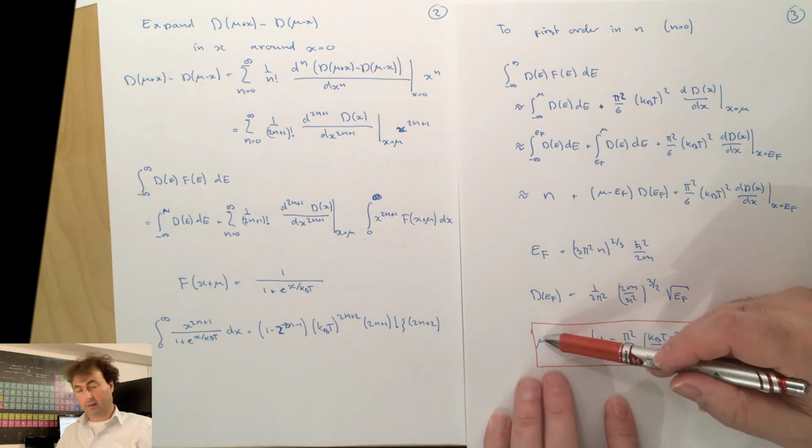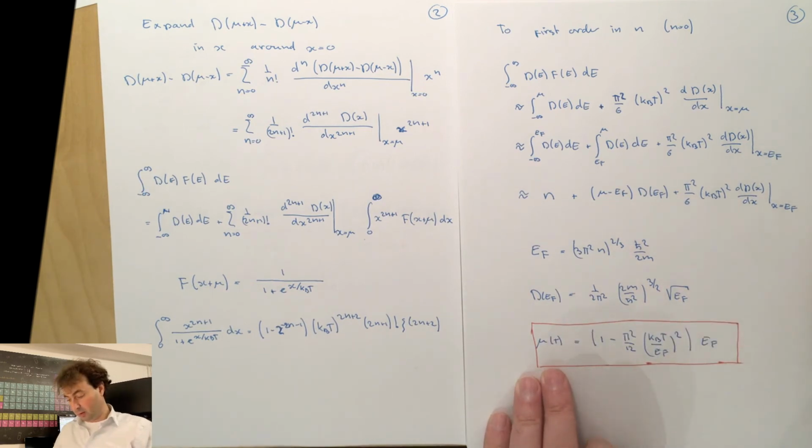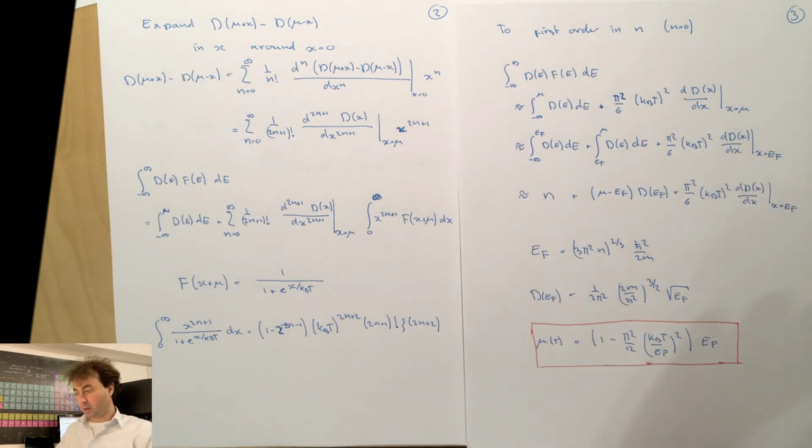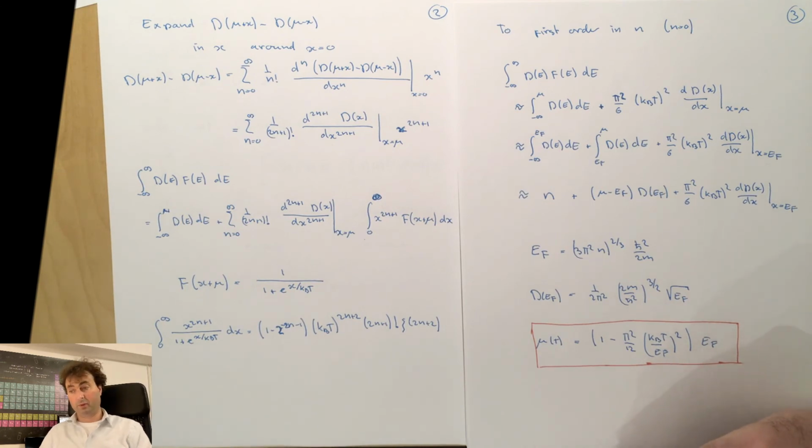So we find that indeed the chemical potential goes down as a function of temperature. It goes down parabolically, so at zero temperature the change is 0, and at higher temperatures it scales down in this fashion. And that is of course a much nicer result than the polylogarithms that we had before.